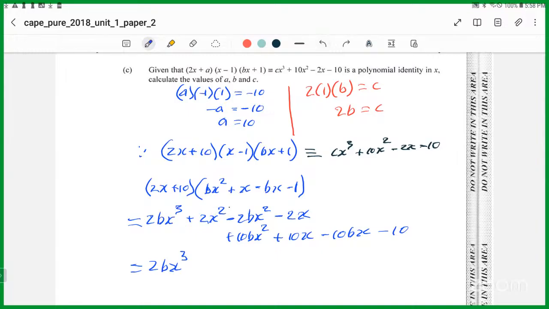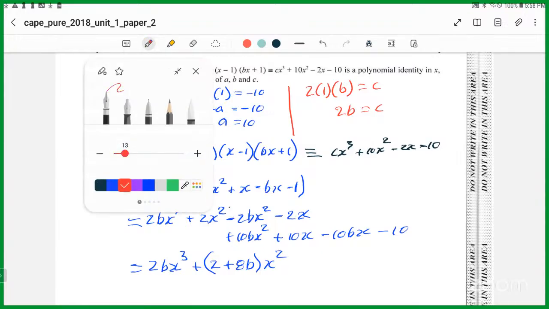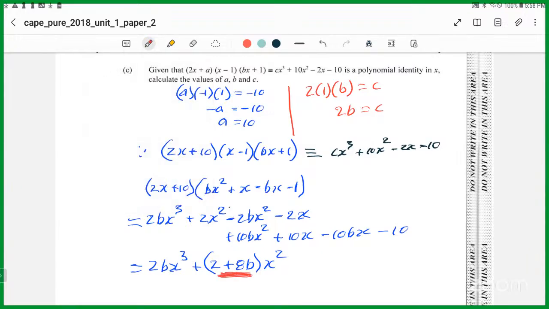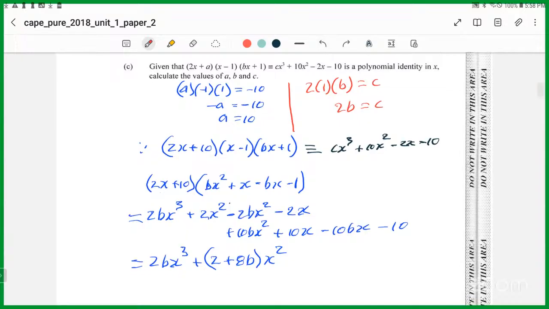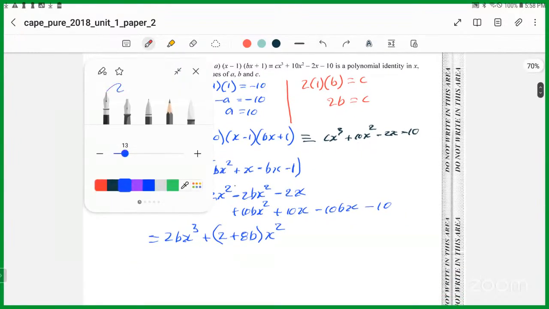So you're going to get 2 plus 8b x squared. You know what that means? It means this equals 10. So that means the b equals 1. But let's finish that and find the values another way.